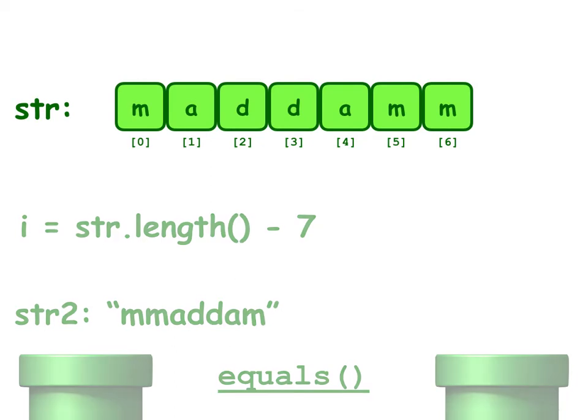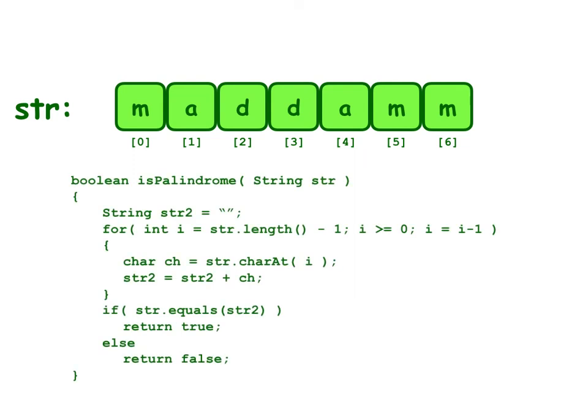All right, now here's how this method would look in code. Like before, isPalindrome still returns a boolean, and it still takes a single string as an argument. Then when we go inside the method, it declares a second string named str2, sets it equal to the empty string. Then we go to our for loop, we initialize i to str.length minus 1, and it's going to decrease by 1 each time for as long as i is greater than or equal to 0.